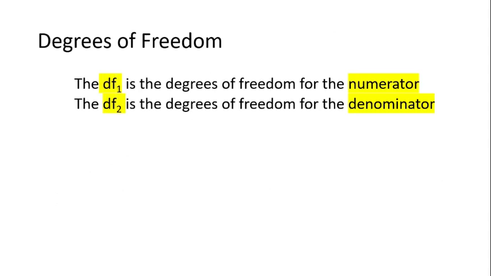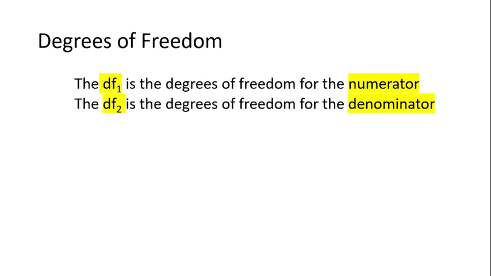Degrees of freedom is a very critical concept in the F-test, because it's two variances and each variance has a degree of freedom. The degree of freedom 1 is the degree of freedom associated with the numerator.